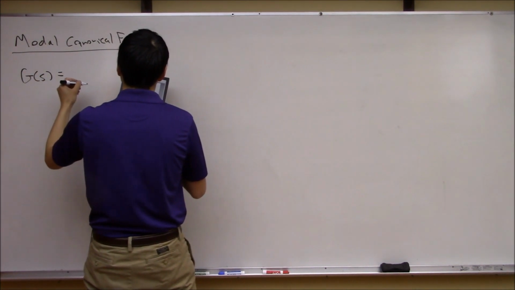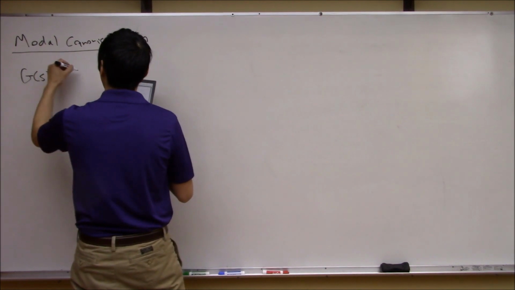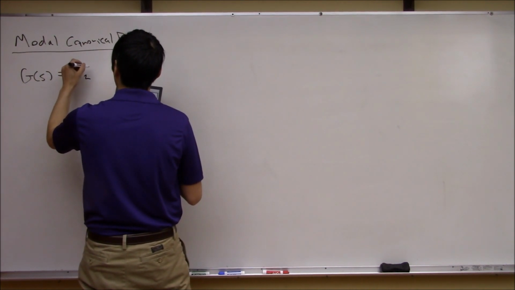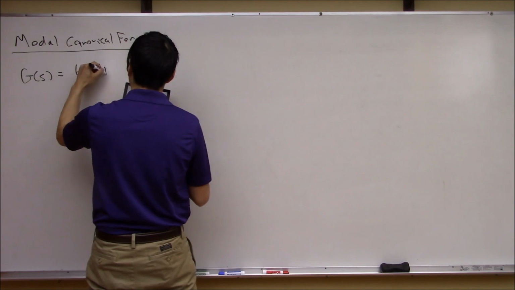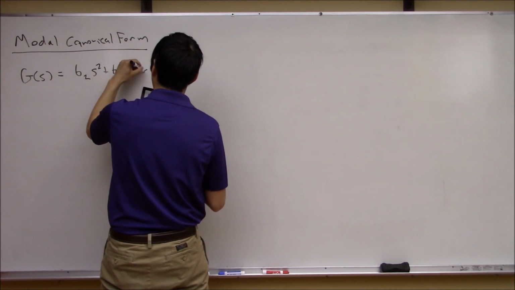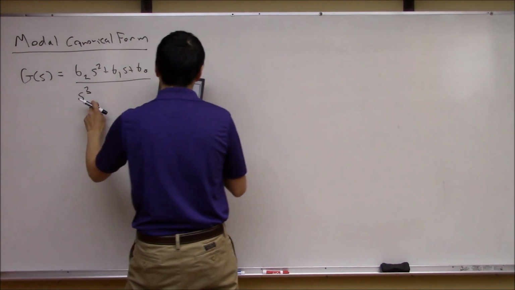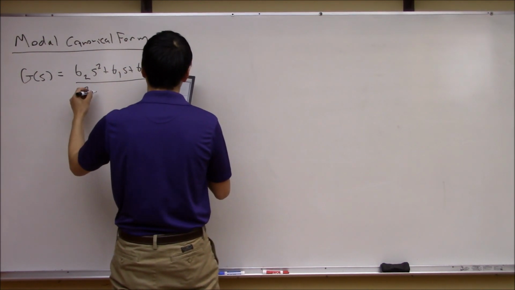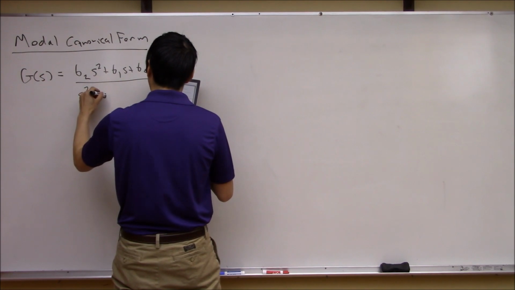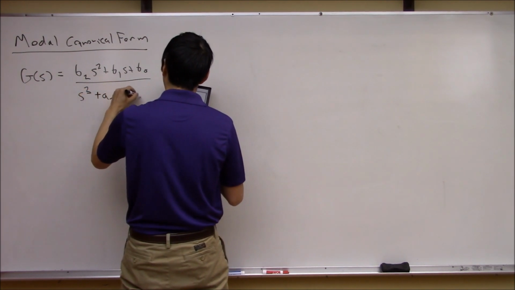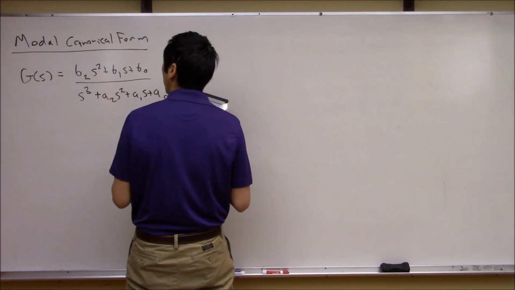I like to look at concrete examples. So b2 s squared plus b1 s plus b0 all over s cubed, oh excuse me, no, third order, yeah, let's look at a third order, just like we did earlier, plus a2 s squared plus a1 s plus a0, okay?